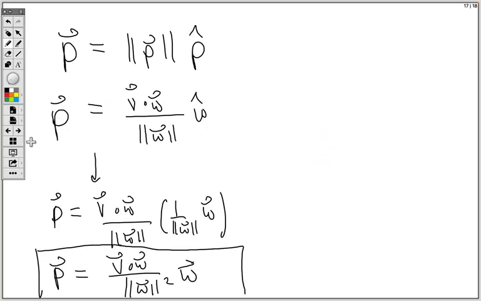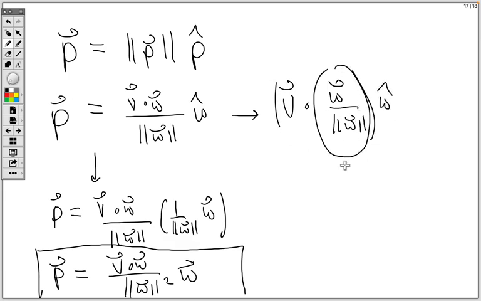Another way we can take this is, V dot W is a scalar. Excuse me, V dot W, I can rewrite this and float that magnitude of W up with the vector W like we did before, and that's called W hat.